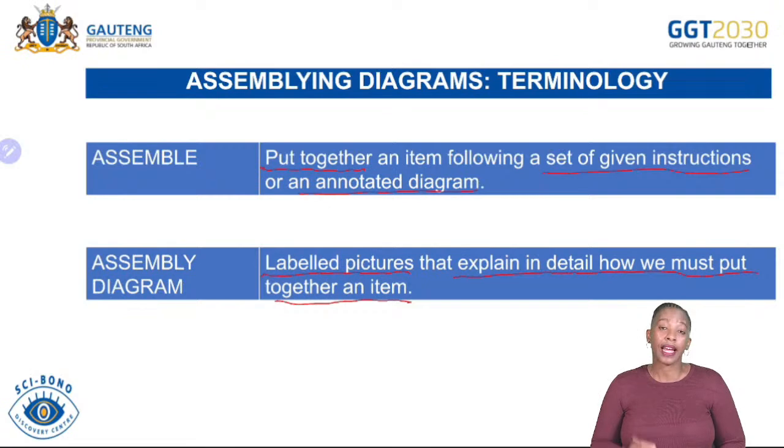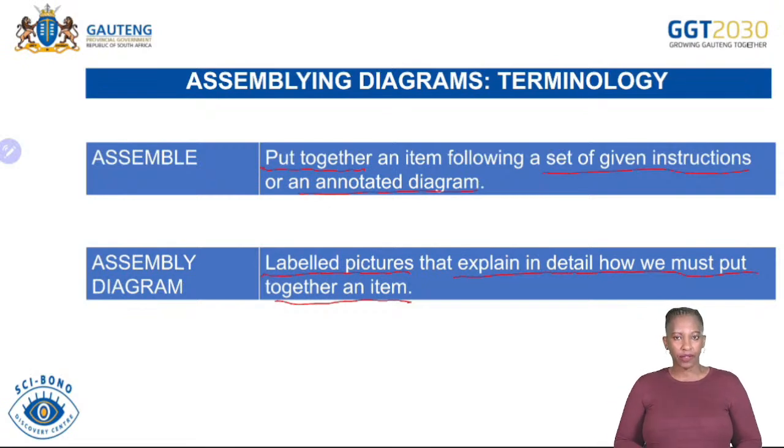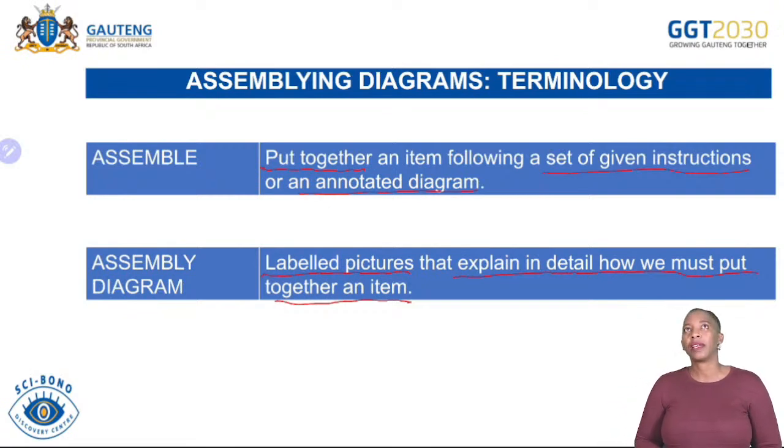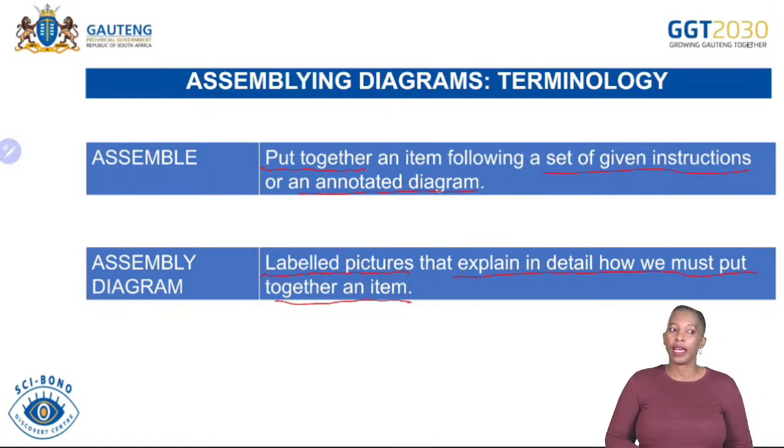Remember, boys and girls, like I said to you, if you buy yourself a phone, or any item, a gadget, whatever, that you must put together, then you must think, oh, okay, I can't just use my common sense.